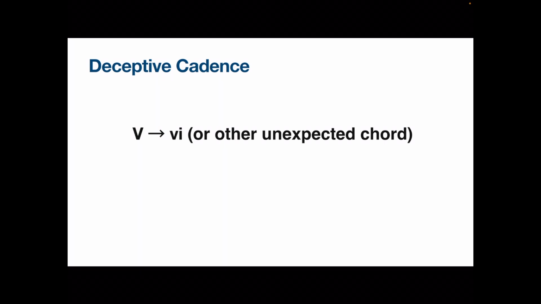Now, you can tell that the music has to somehow continue, right? Because it went somewhere else instead of going home. So usually composers would do that. Let me play it one more time and then continue and end the song.